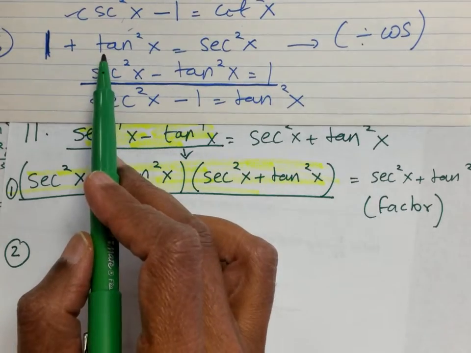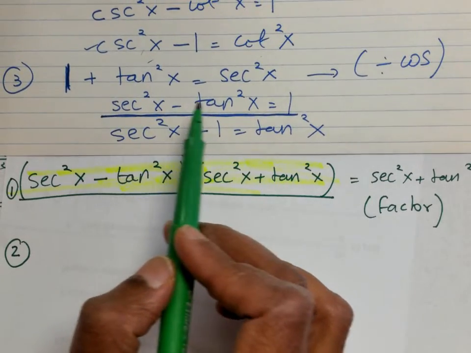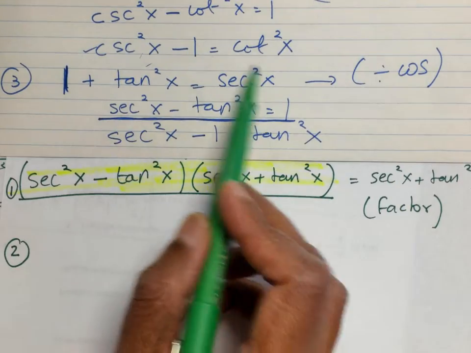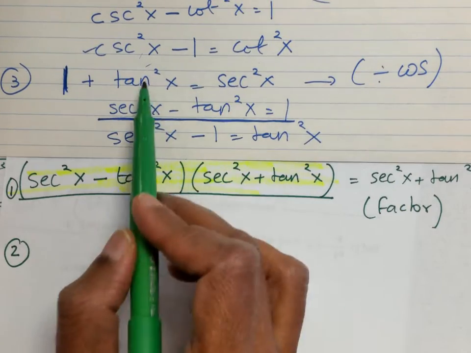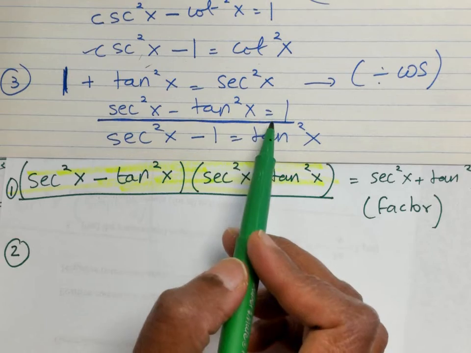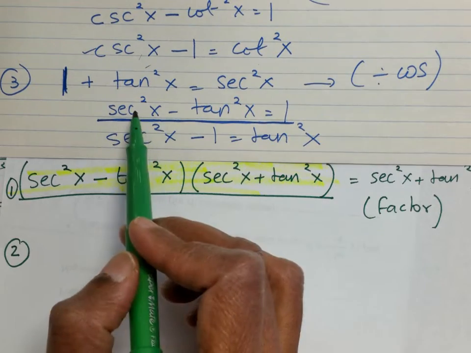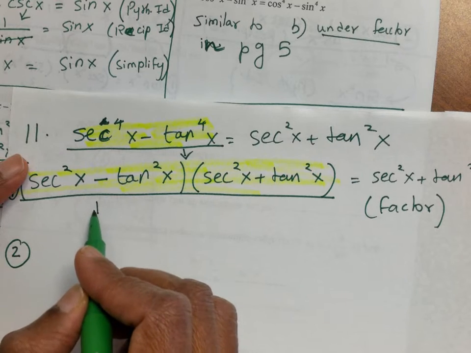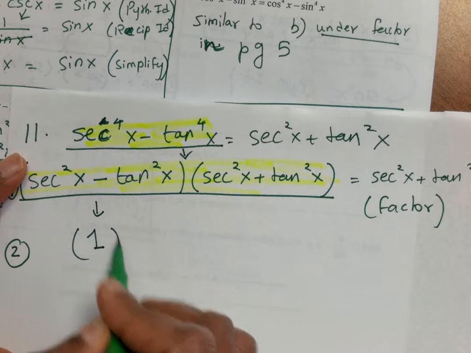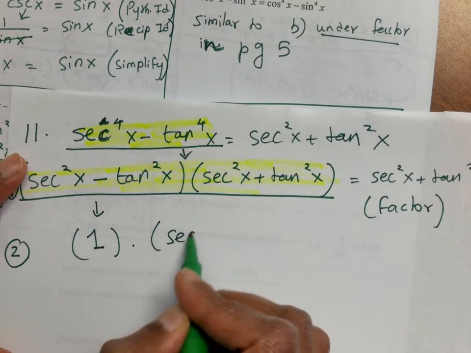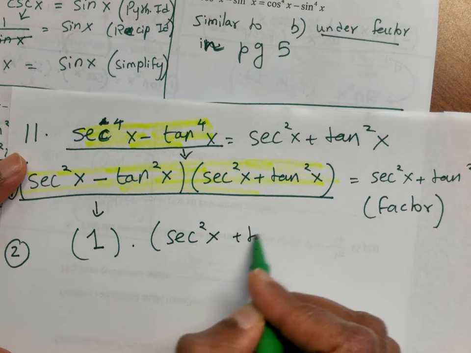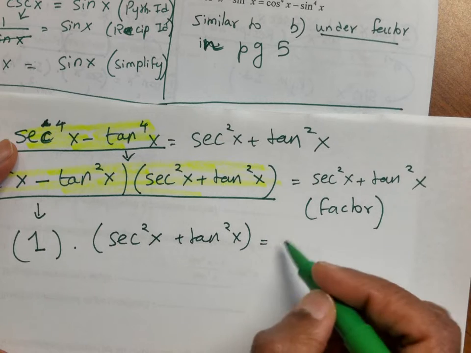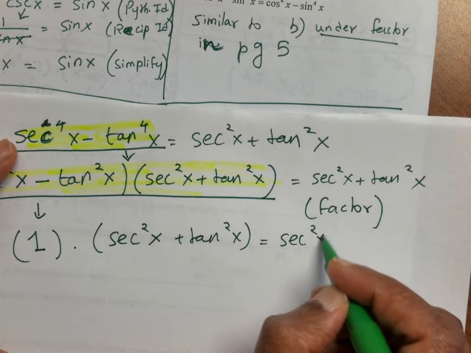And I do find my third one, which is 1 plus tan square equals secant square, which I got by dividing the first one by cosine. I rewrote this as secant square minus tan square equals 1. So I will rewrite this as 1 multiplied by secant square x plus tan square x equals, keeping the right hand side as is.